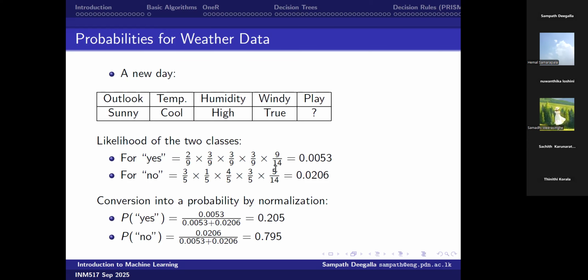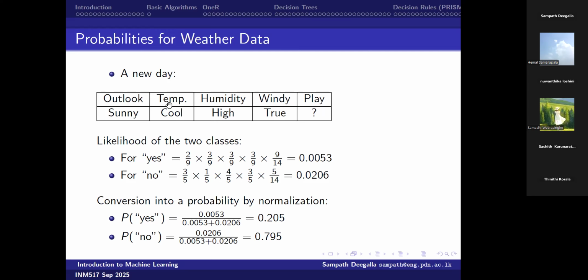Now, given a new data set, a new day, a new instance, let's see how we are going to calculate the probability values. Let's say we are given a new day with outlook sunny, temperature cool, humidity high, wind true.